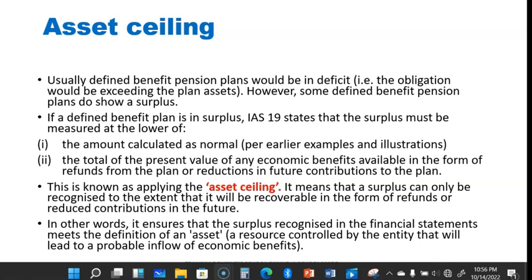So in other words, this principle ensures that the surplus recognized in the financial statement meets the definition of an asset, which is a resource controlled by the entity that will lead to a probable inflow of economic benefits.